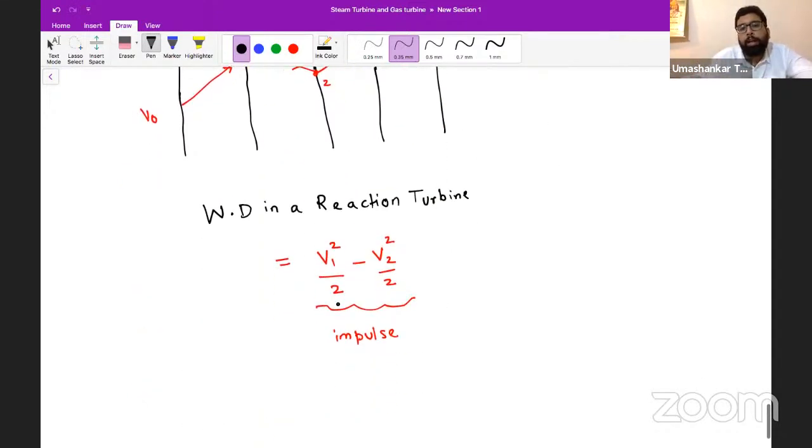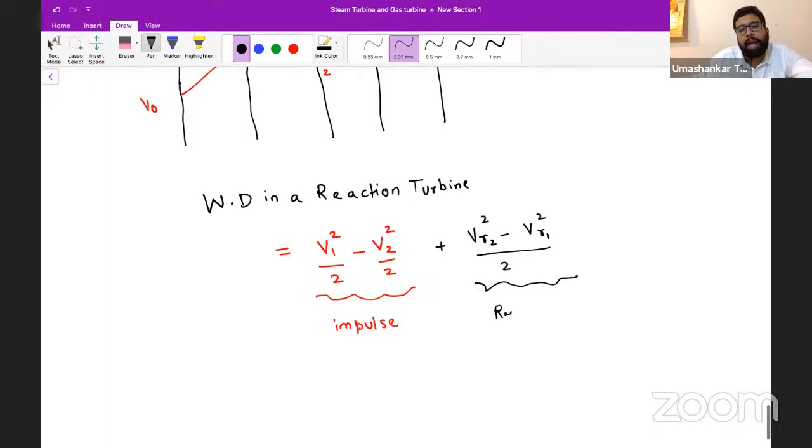So we will write like this: VR2 square minus VR1 square by 2. So this is the effect of this pressure energy on the blade, and we generally call it reaction.